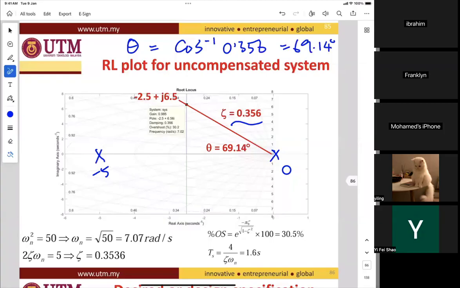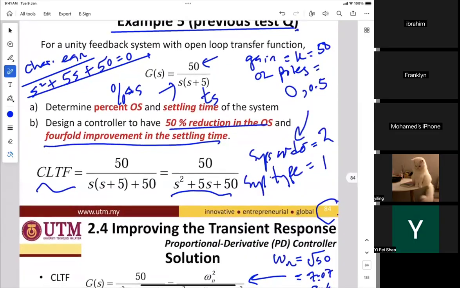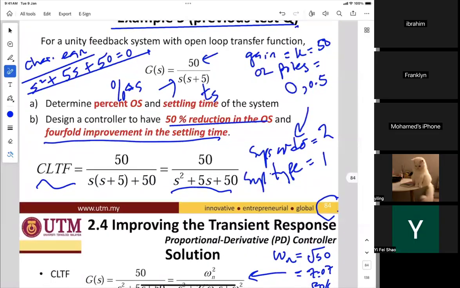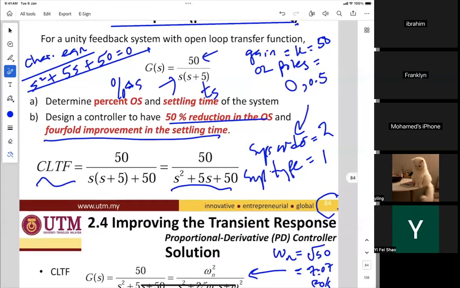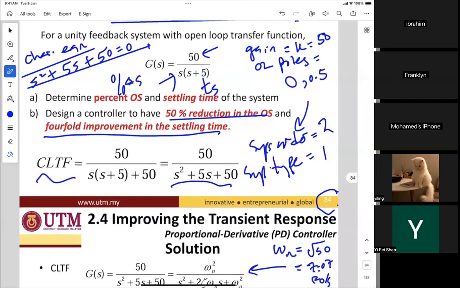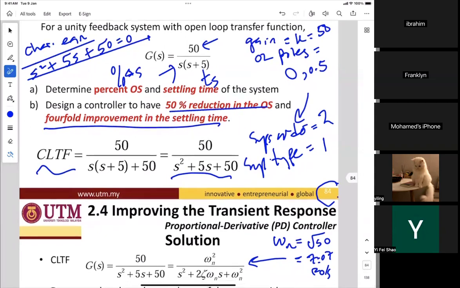Then we find the dominant poles. So we already calculated omega n, 7.07 radian per second, zeta 0.356. And given the overshoot, a 50% reduction in the overshoot and fourfold improvement. How do you get the 50% reduction? What is the original OS?